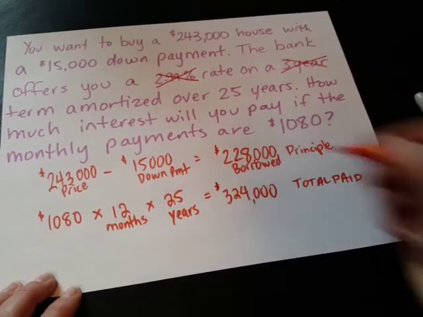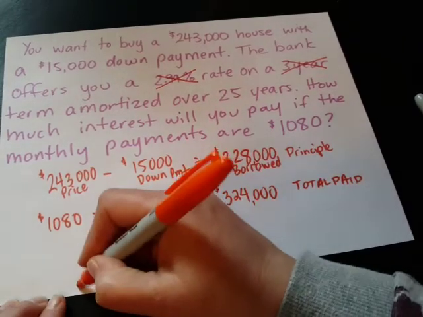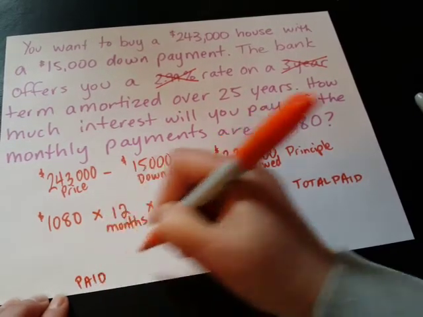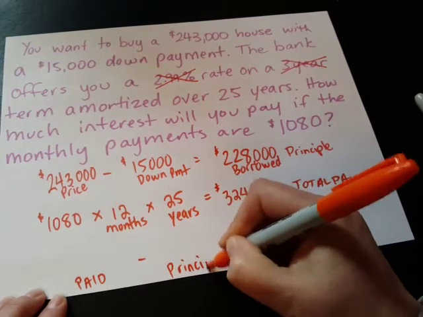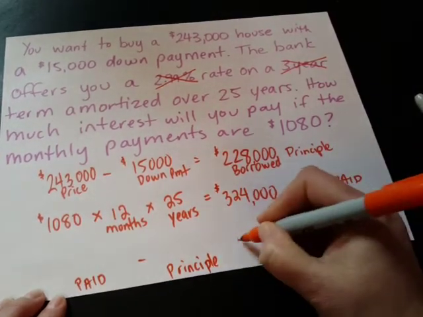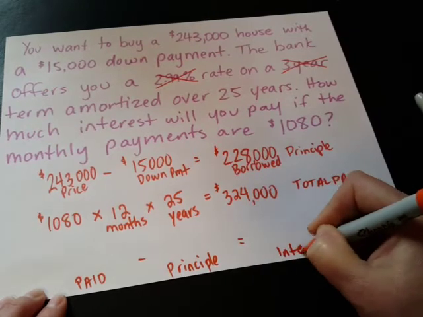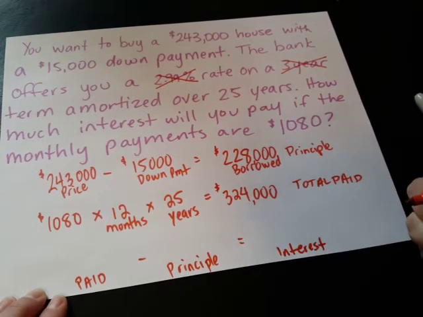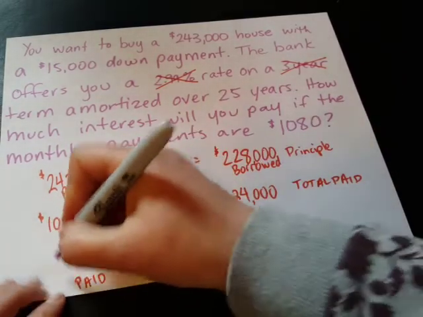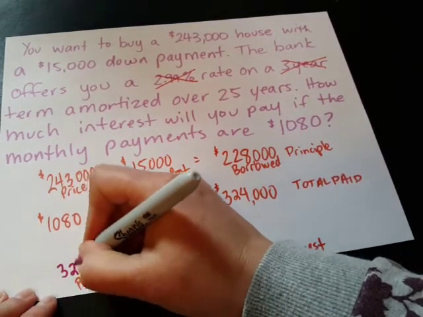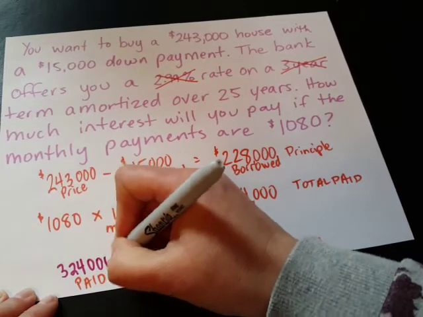Now, the difference between the paid and the principal, so how much extra I repaid, is going to be our interest. So if you can already start to see what's happening here, we paid $324,000.